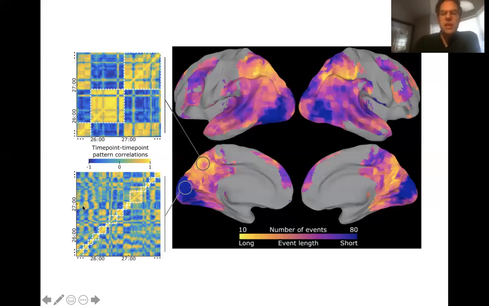And that could be as a result of the low level stimuli, say at the 26-minute mark, for example, that's a very bright shot. And then you go up here and this 27-minute mark, also a very bright shot. So both of those shots are registering similarly in the brain in terms of how it's perceiving that.